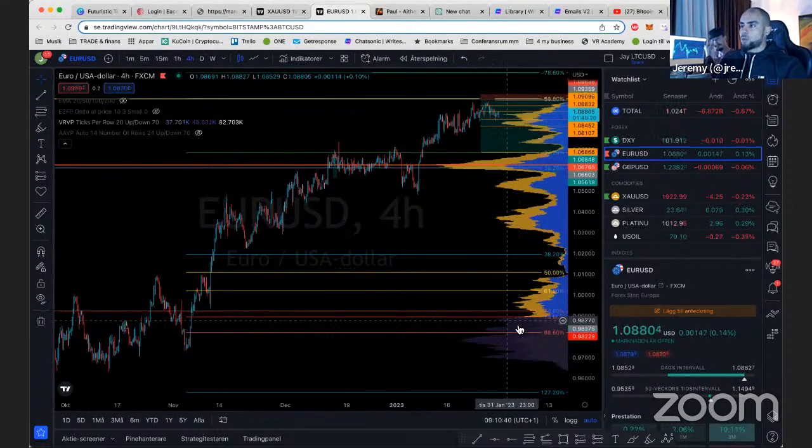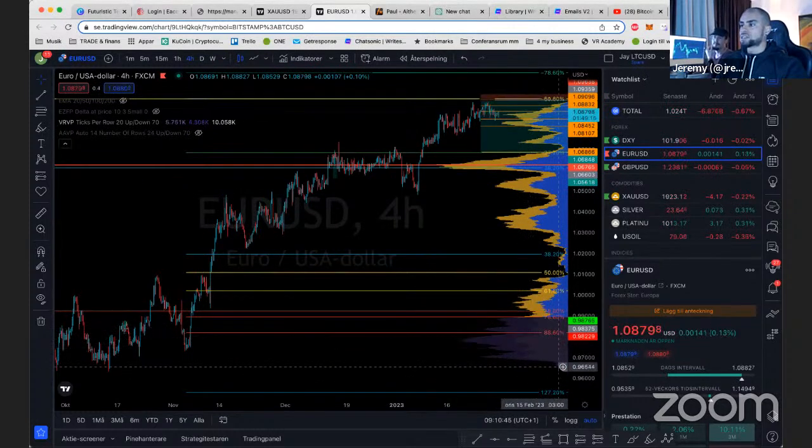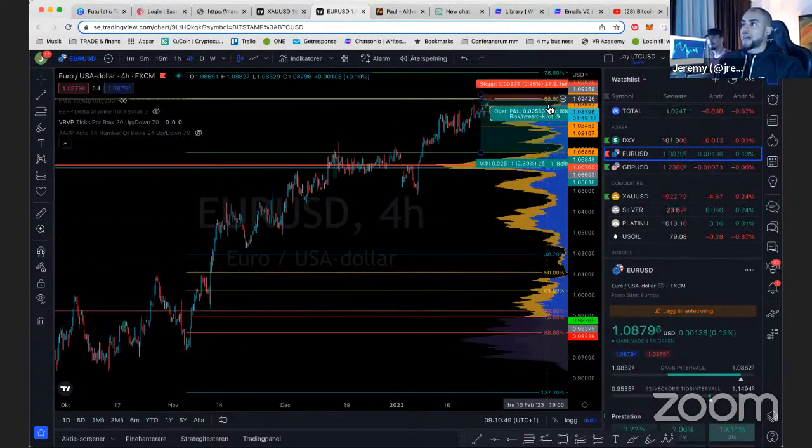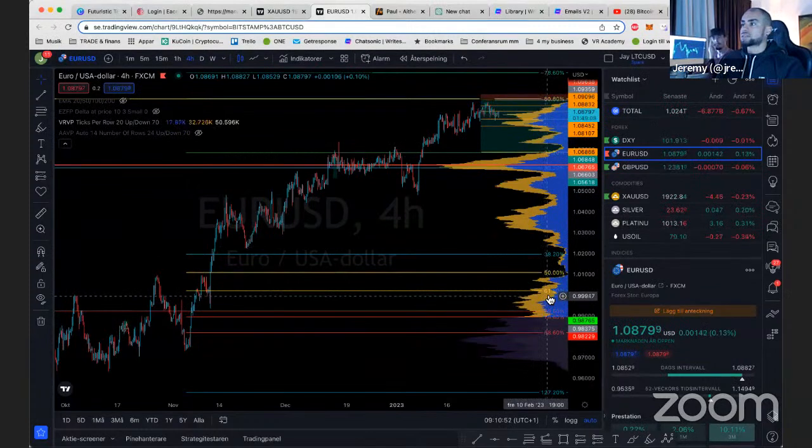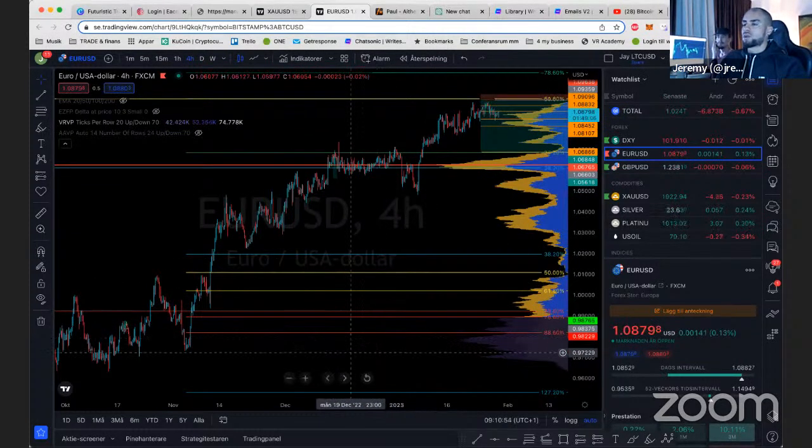And I hope you guys can see it. There's a shadowed part of it, and what that means is that the highlighted part is 70% of all the volume in the market.